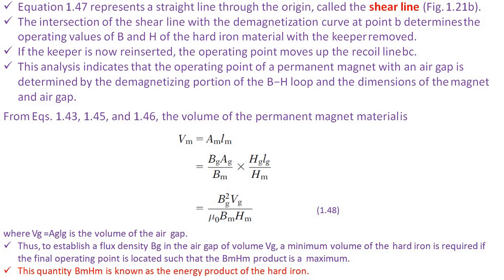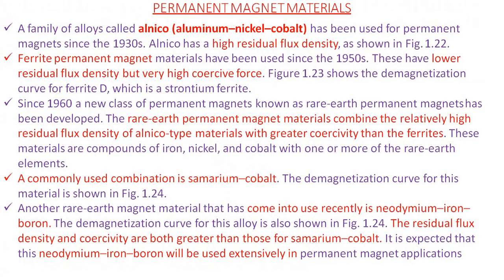Thus, to establish flux density Bg in the air gap of volume Vg, a minimum volume of the hard iron is required. This happens if the final operating point is located such that the Bm into Hm product is a maximum. This quantity BmHm is known as the energy product of the hard iron.